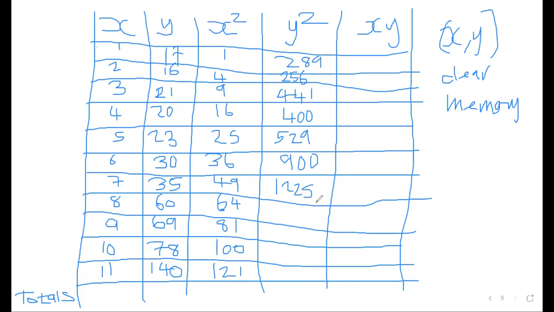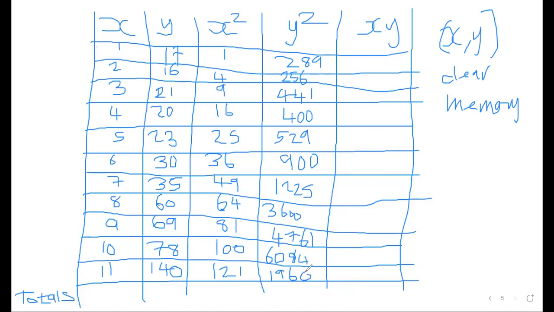This 60 square is 3600. Then 69 square is 4761. Are people following so far? Are people with me? Yes, we are. All right, so 140 square. So 140 square is what? 19,600.